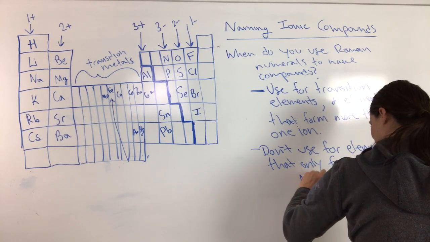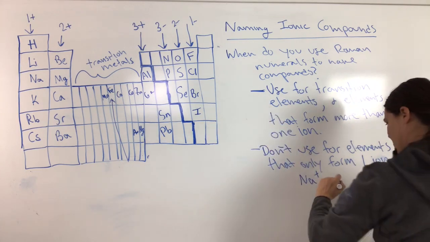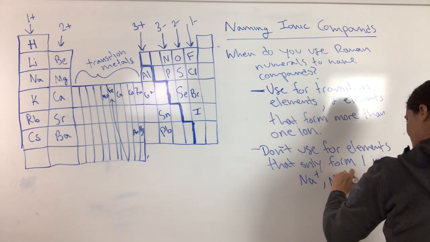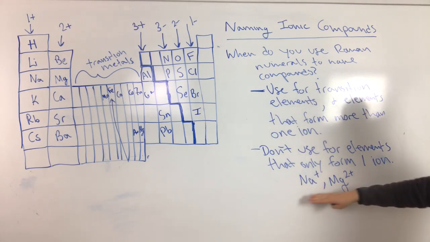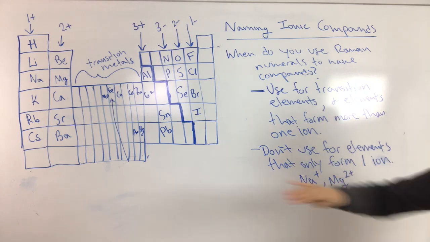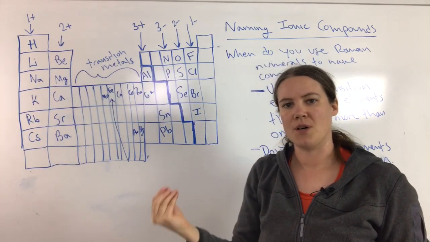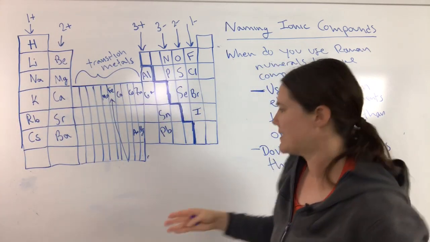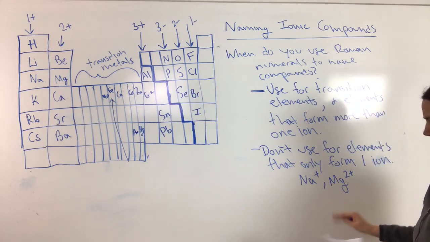So we always have Na+, and Mg2+. We wouldn't use the Roman numerals for these elements because they only form one ion, either with a +1 charge or a +2 charge.